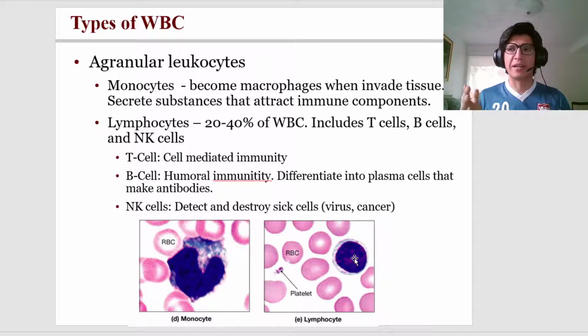You have your T lymphocytes that are involved in direct contact with foreign invaders, pathogens, and you have your natural killer cells that are responsible for basically killing cells that have been either infected with virus or that are cancerous.